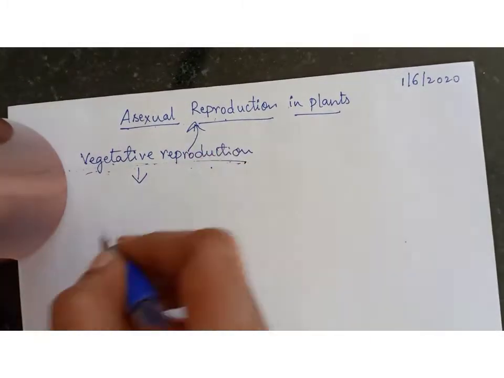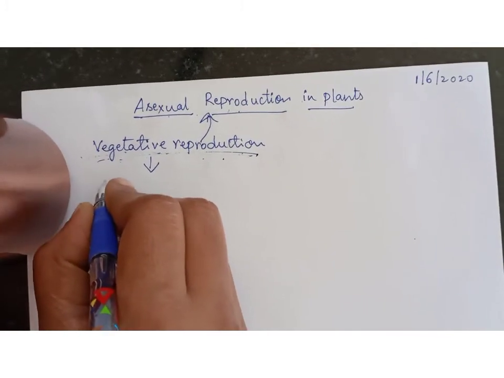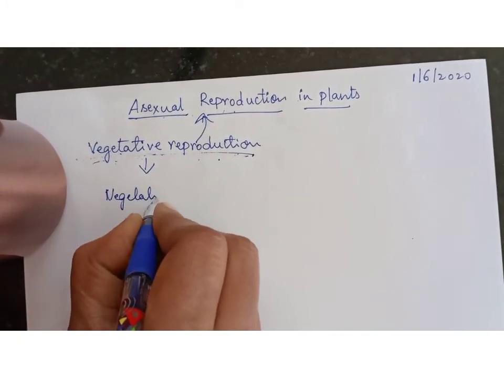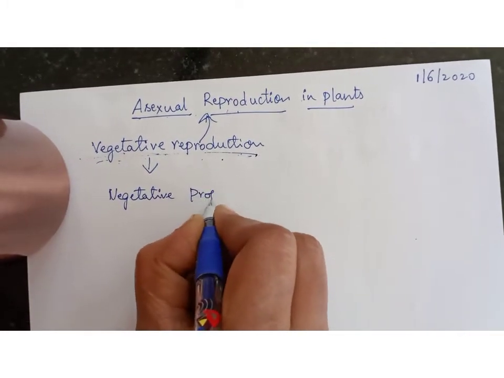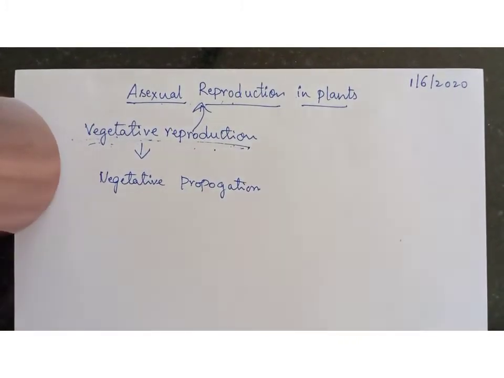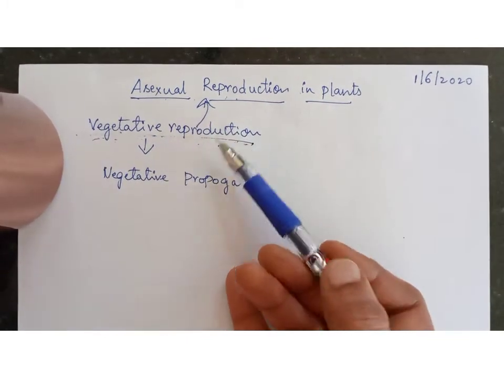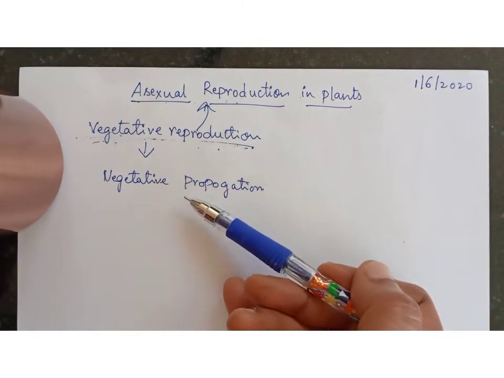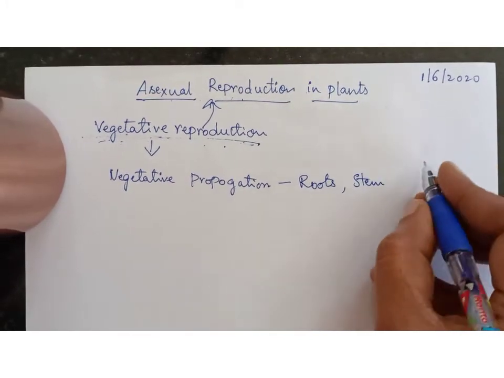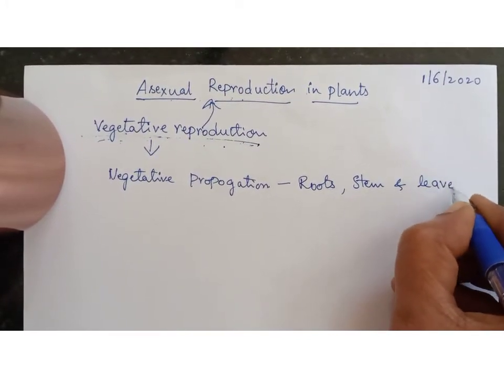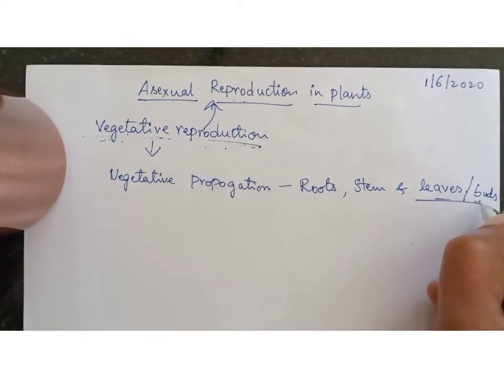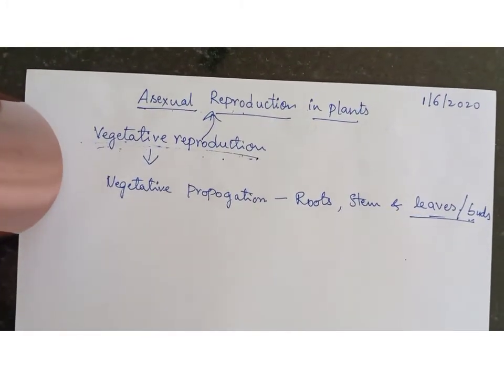Vegetative propagation is asexual reproduction in plants in which vegetative parts like roots, stem and leaves, and also buds, take part in the reproduction to produce new offspring or new individuals.